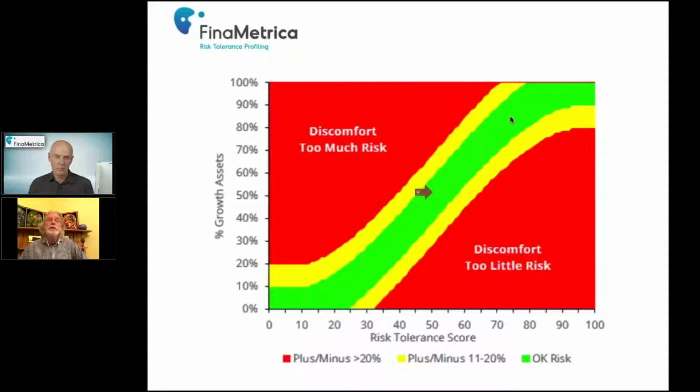So let me give you an example. It might be that you and the client believe they need a 70% exposure to growth assets, but in discussion discover that they've got other assets that haven't been included in the construction of the portfolio. There may be some future inheritance that's coming in.